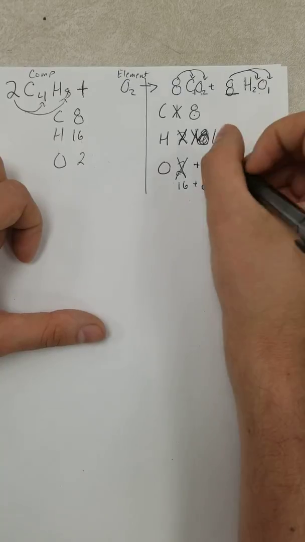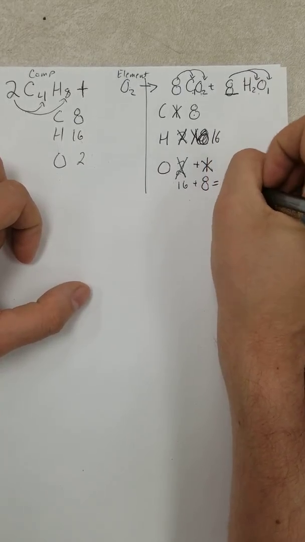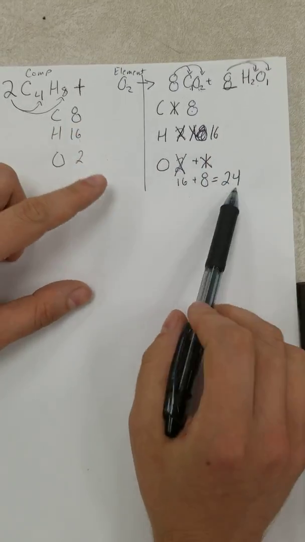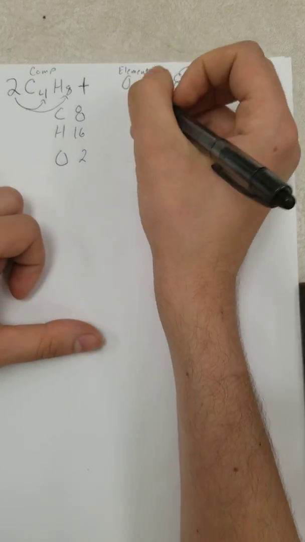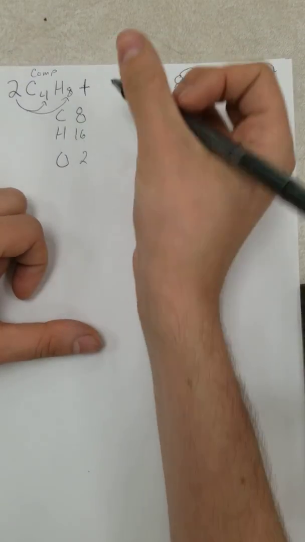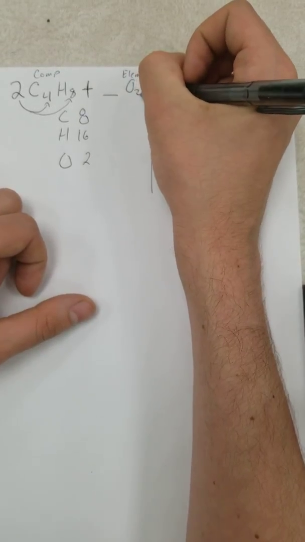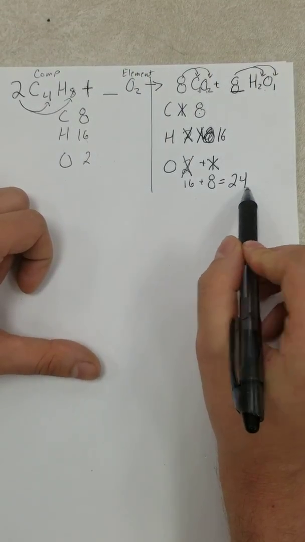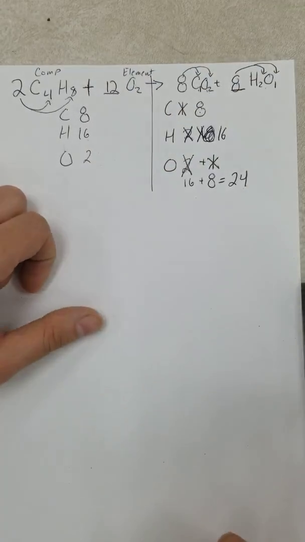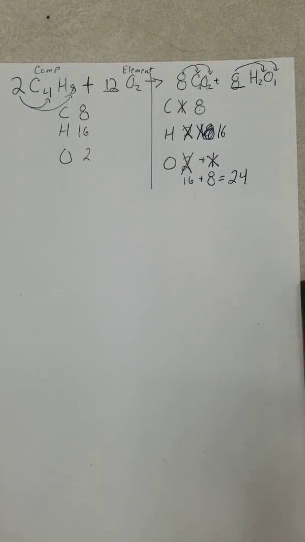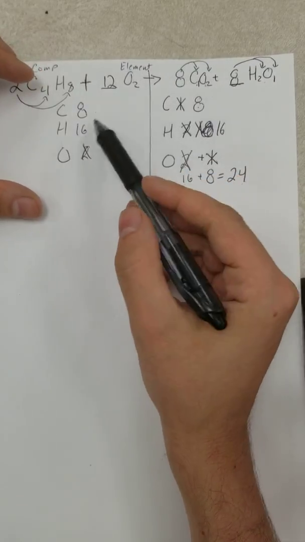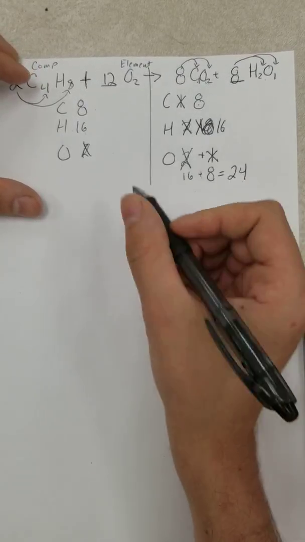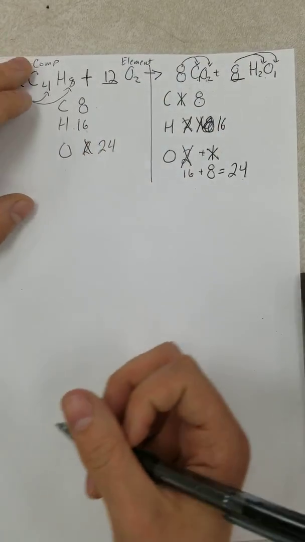So 8 plus 16 is 24. So now we have to come back over to this side and rebalance our oxygens. Since I have 2 oxygens here, what number times 2 is going to give us 24? It's going to be 12. So now we have it all balanced out. We have 8 carbons on both sides, we have 16 hydrogens, and we have 24 oxygens.